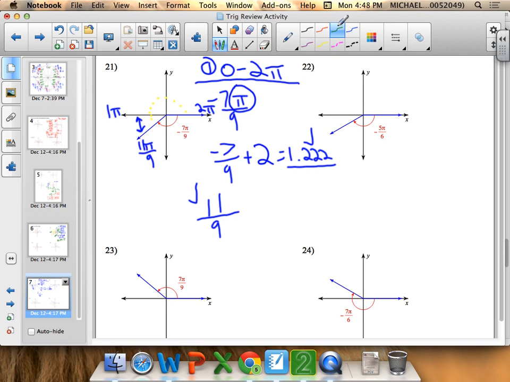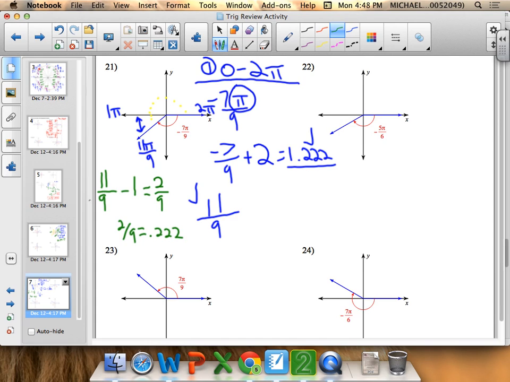So I'll do this math in green over here. And again, I'm not going to draw pi yet until the very end. 11/9 minus 1 equals 2 over 9. Now, to double check, I will do 2 divided by 9, which equals 0.222 repeating.